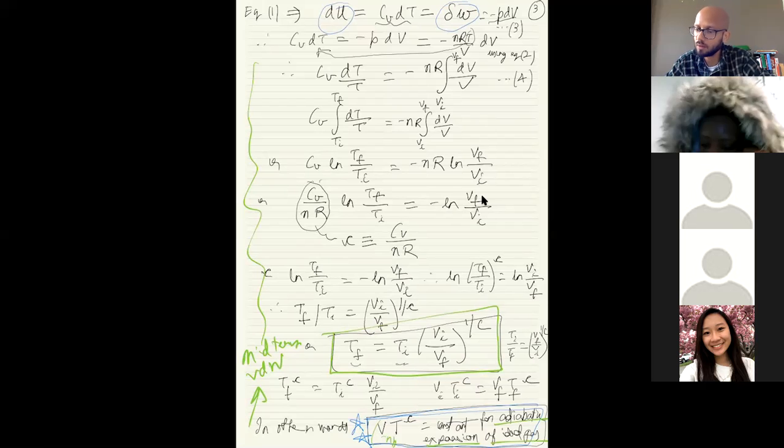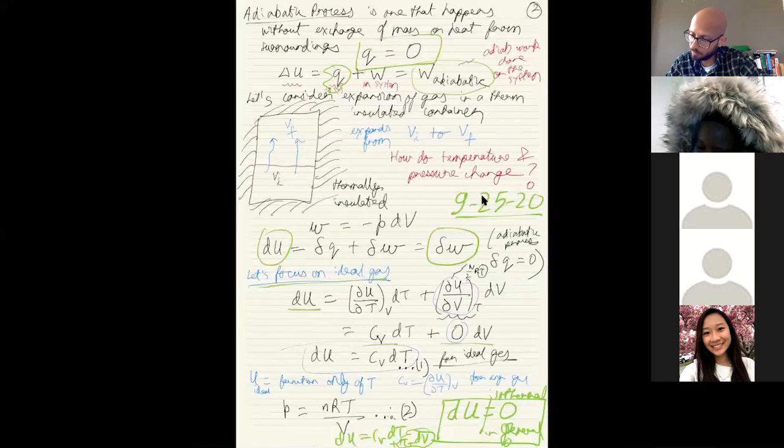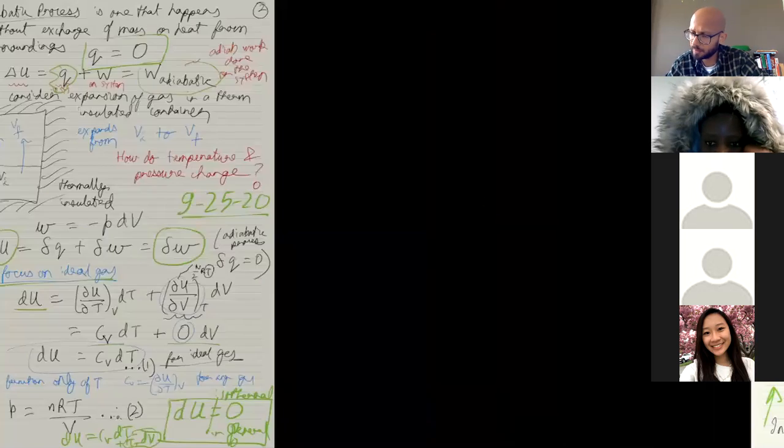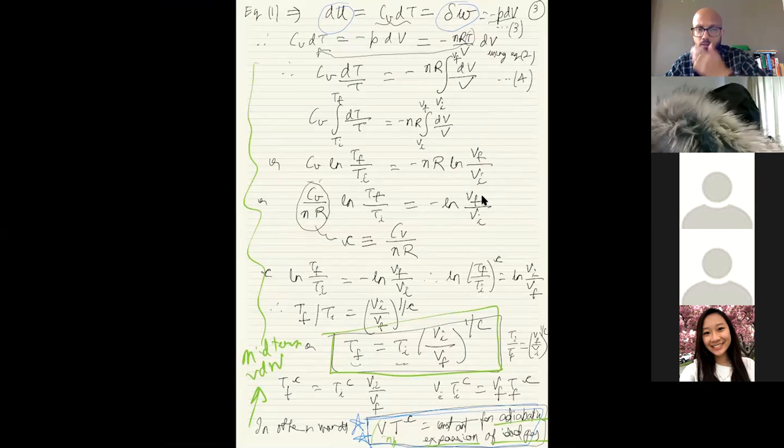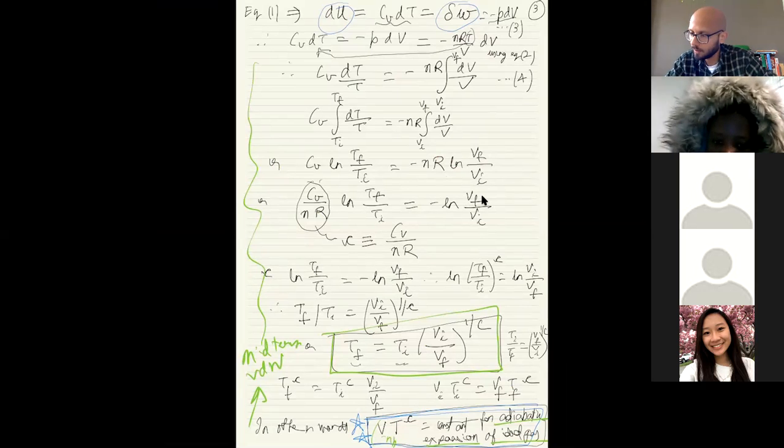So this 9, 25, 20 exercise of calculating the temperature volume profile for adiabatic expansion of an ideal gas is a good exercise. Try to also do it for a van der Waals gas. Try to play with it, see what you will get for a virial equation of state, okay?